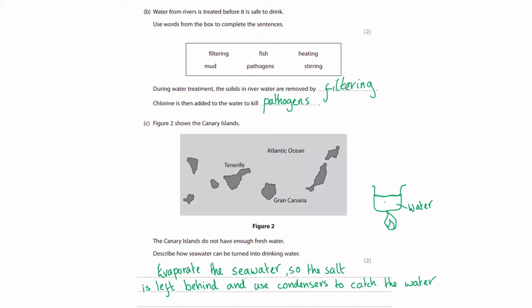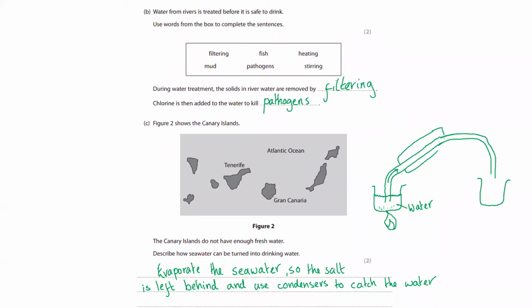You have something called a condenser, like a tube, and it's got a water cooler around it. It comes in and goes off here and into a container. If you draw this and label it, you'll get all the marks. Draw the salt being left behind and the water going up here.